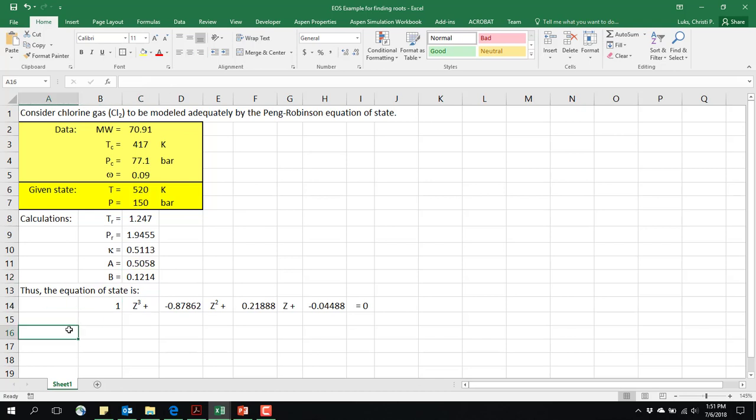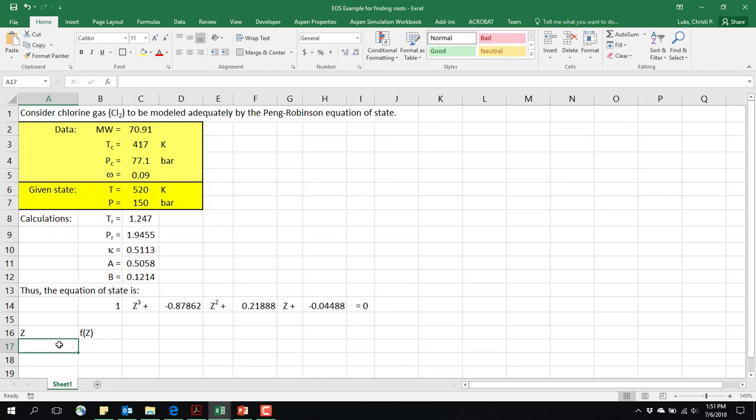And if we're wanting to do this graphically, then what I want to do is put in values for Z, and I want to put in values for a function of Z. And you want to be able to say that this function of Z is going to be equal to something simple, like 0 would be simple. And so my f of Z is going to be Z cubed plus negative 0.87862 Z squared plus 0.21888 Z minus 0.04488. Okay, and I'm going to be looking for where that is equal to 0.